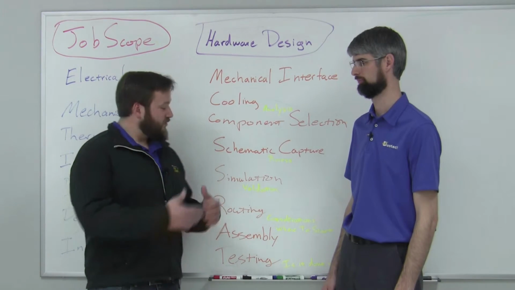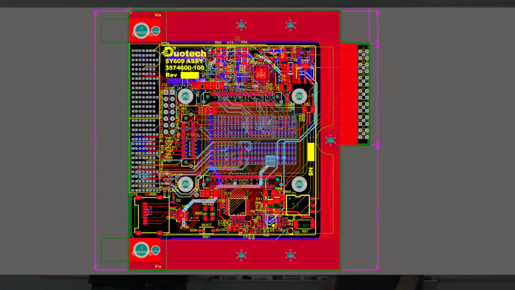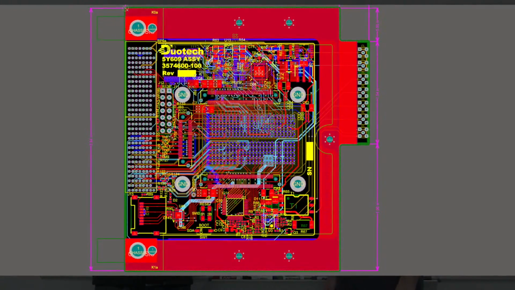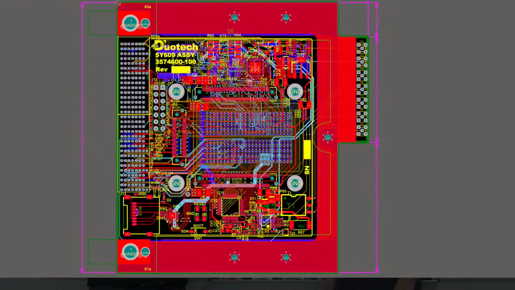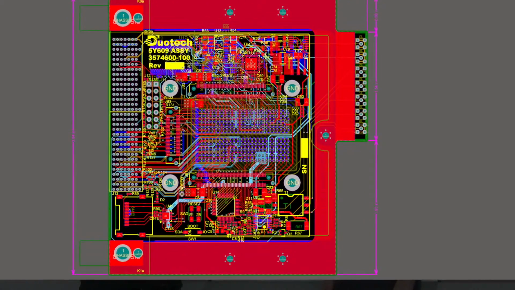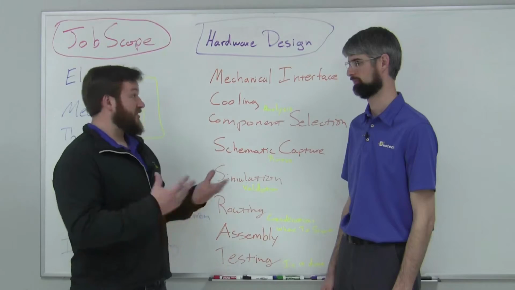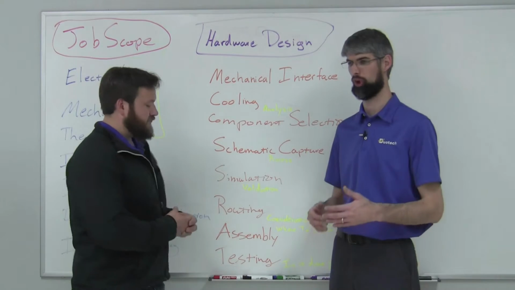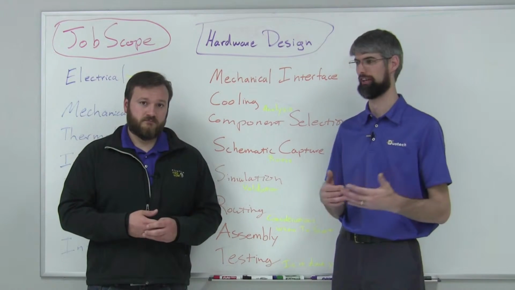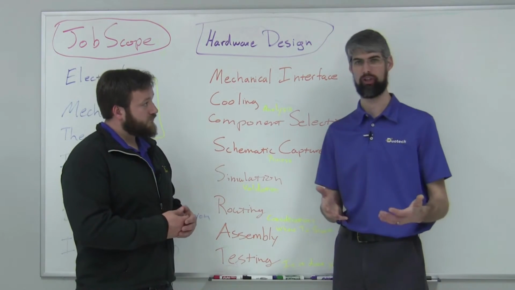Now, when it comes to what we deal with in routing and what we're trying to get as an end product, we need to be very concerned with understanding, specifying, and also having a board assembled, correct? Yeah, all that goes into not just having a design, but having a product.